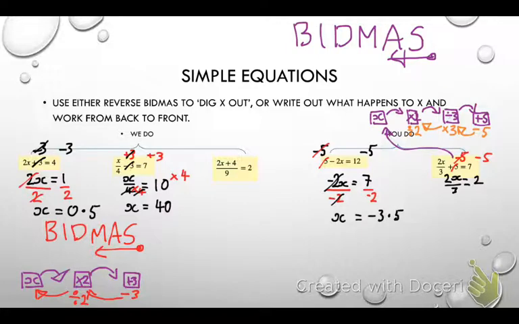Next up is to multiply by 3 to get rid of the 3 down the bottom, and multiply by 3 up the top. So they cancel each other out, leaving us with 2x on the left hand side and 6 on the right.